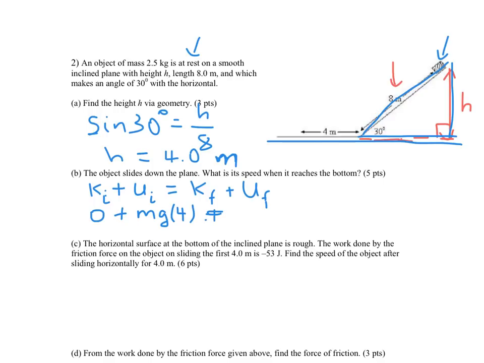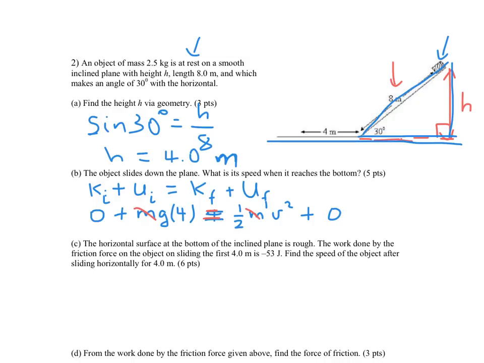All right, equal. So the final kinetic energy we do not know. It is 1/2 mv squared, and the final potential energy is 0. Okay, and so once again we have the usual thing. The m's cancel. I can divide both sides of the equation by m.